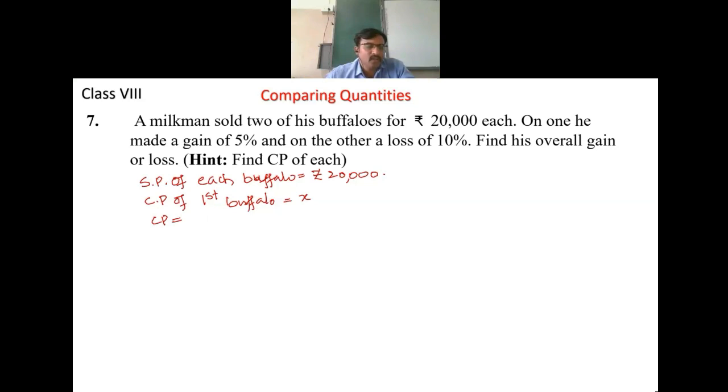Before that, there's a gain percent. Gain percent is 5%. This implies gain is 5 by 100 times of X. I have taken it as X.